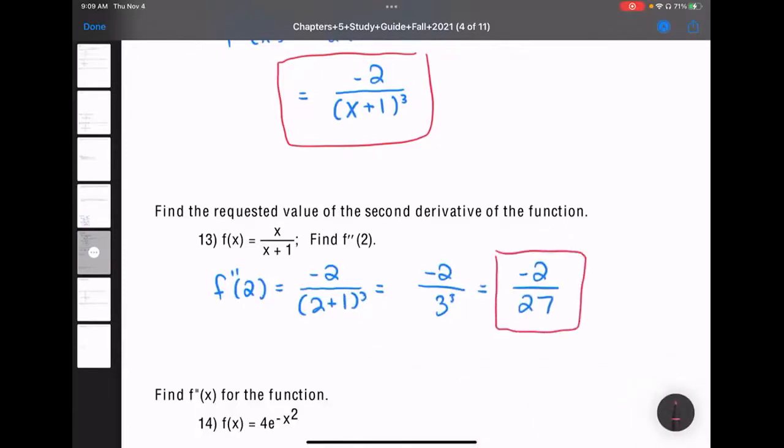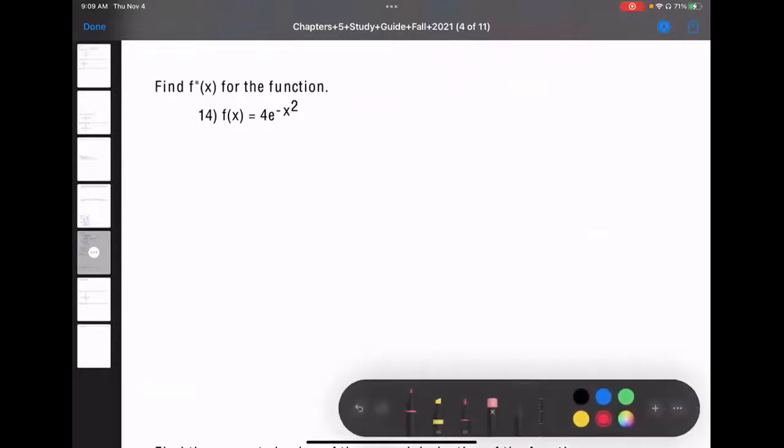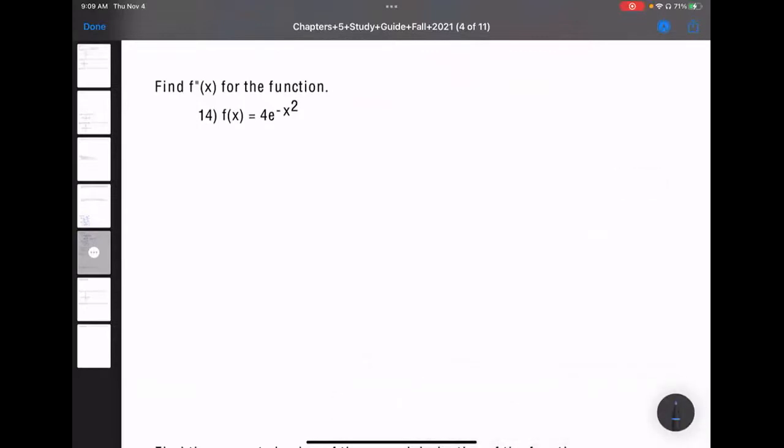Nice. Okay, so for number 14, we're back to finding the double derivative of the function again. So, as always, we start with finding the first derivative. Okay, so the derivative of e to an exponent is, you just rewrite it, times the derivative of the exponent part itself.